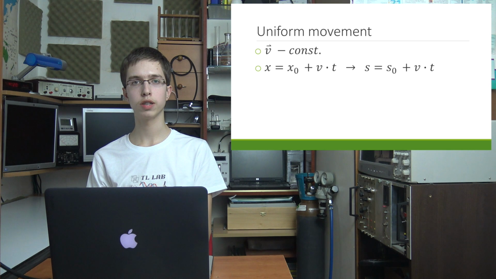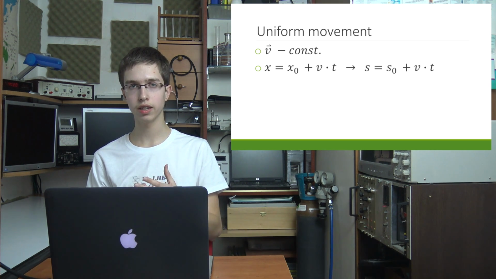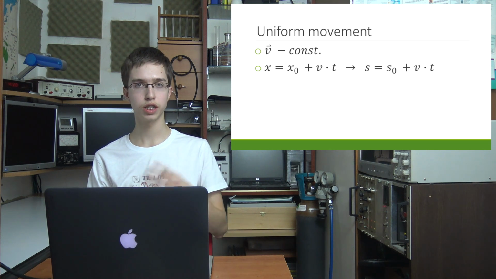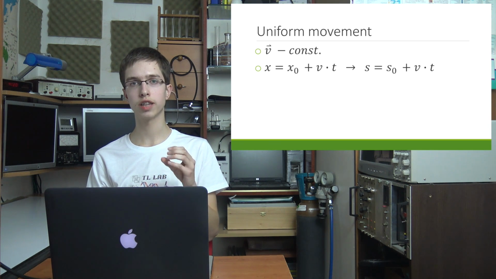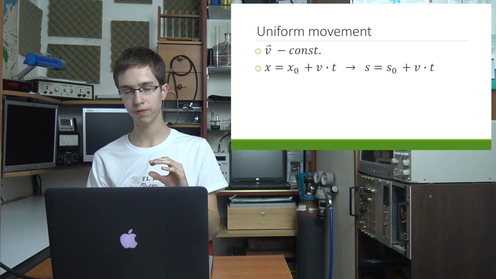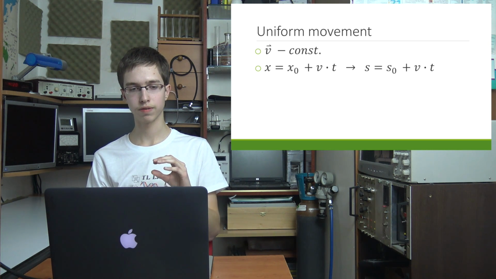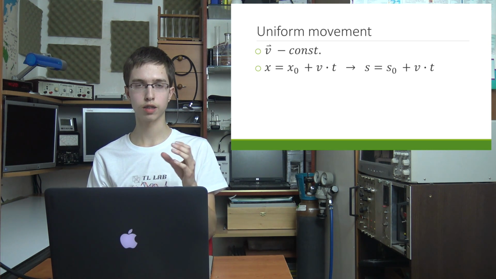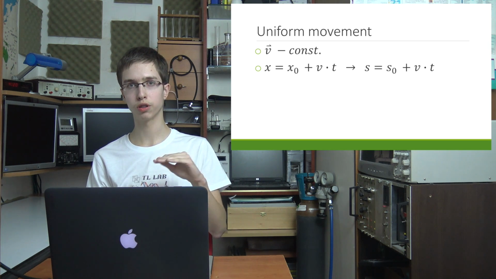Now the first type is uniform movement, so that type of linear motion in which the body moves at constant speed and doesn't have acceleration. And for this movement we have the formula that x, which is the position of the body at some point of time, is the sum of the starting position x0, so x at 0 time, plus the distance that the body made up to that point of movement.